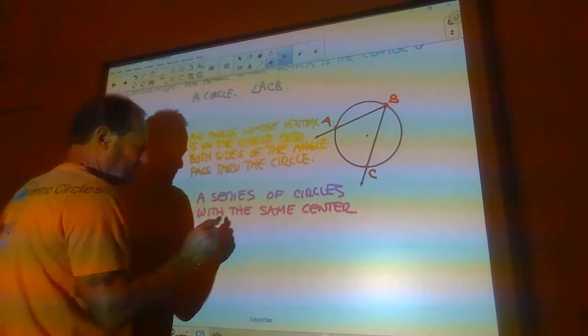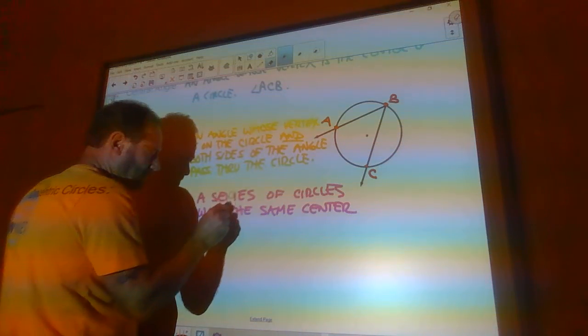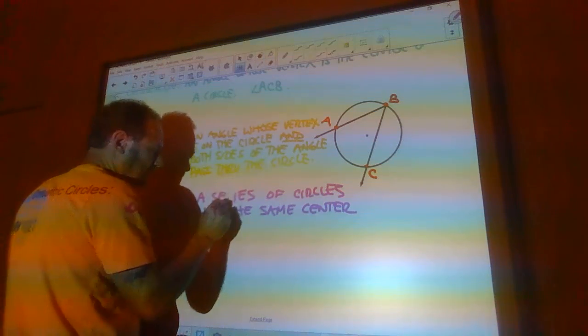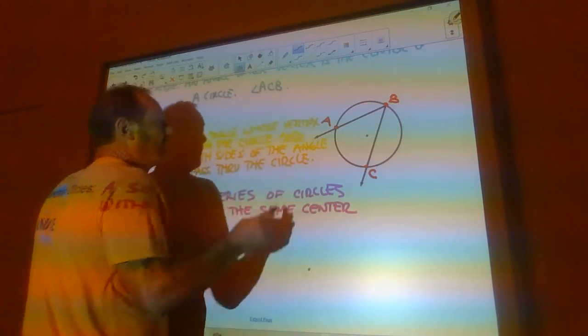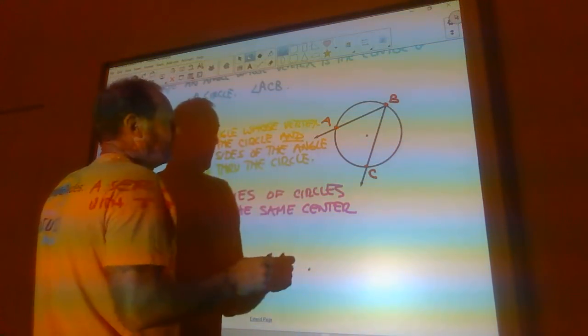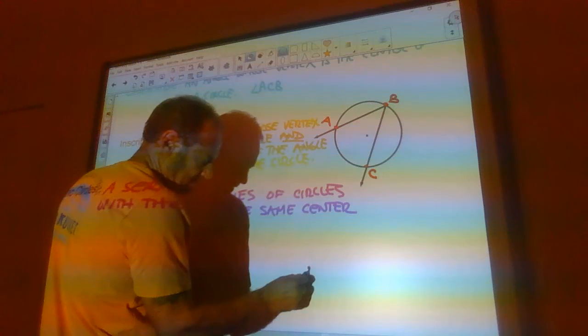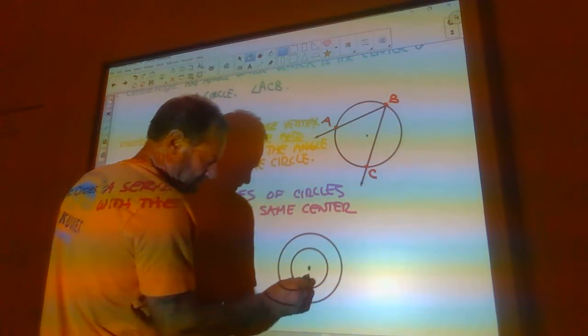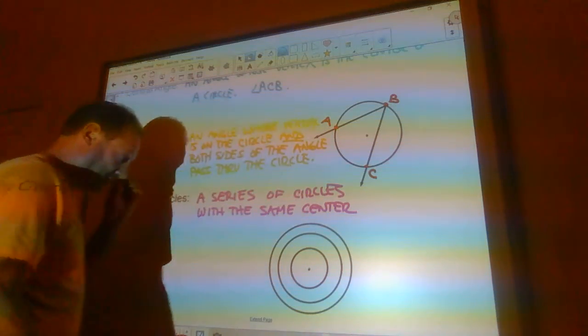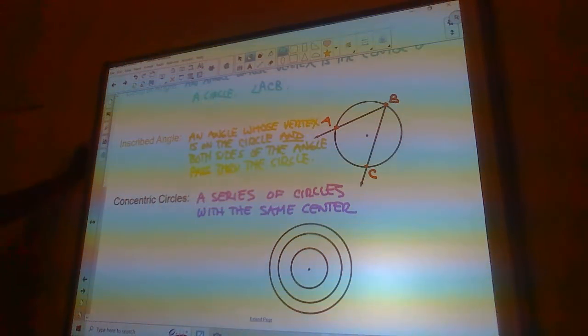Like that R. All right, so what does that look like? Well, if that's my center point, I could have this circle, this circle, this circle. That would be concentric circles. They basically form a target.